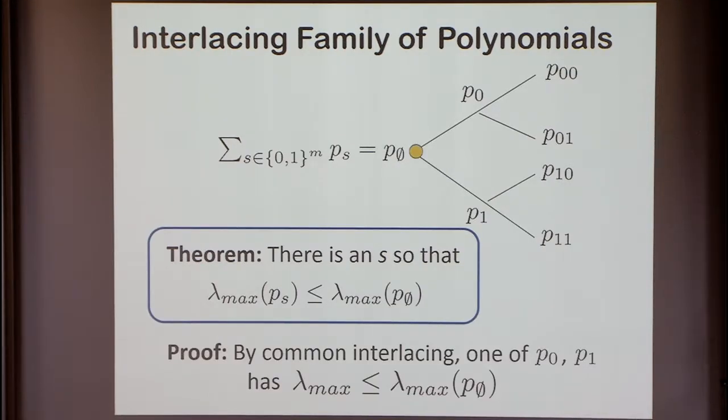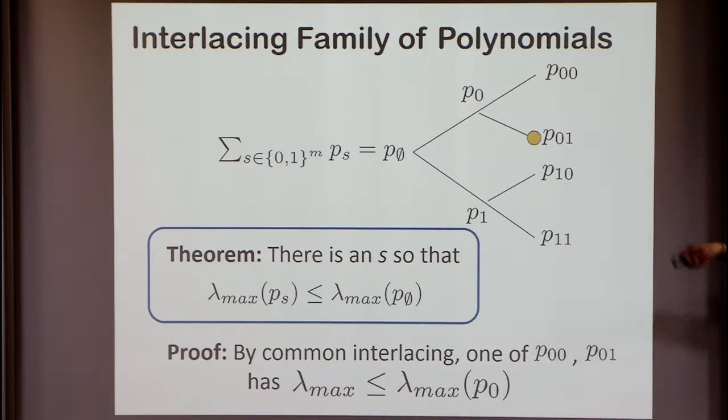The proof of this is just induction. You start at the root, and I know that its two children, p0 and p1, have a common interlacing. So that means the largest root of one of them is at most the largest root of the root. And now again, I get some polynomial, and its two extensions have a common interlacing. One of them does at least as well as that polynomial. I just follow this out to the leaves. It's a trivial induction argument.